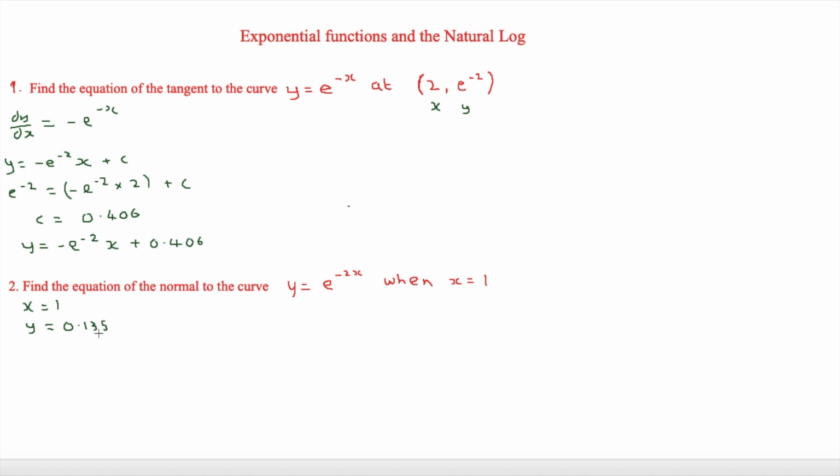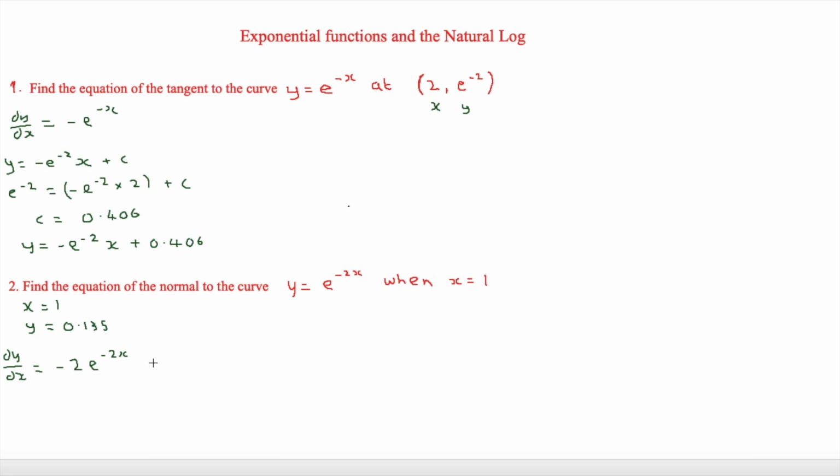Again, we're going to differentiate now, so dy by dx is going to be equal, so then we know here that k is equal to minus 2, so we'll put the minus 2 to the front, then we'll have the e, and then we'll have minus 2x.